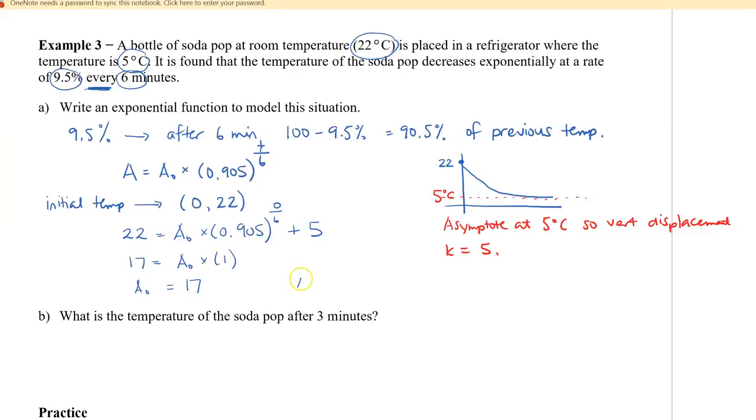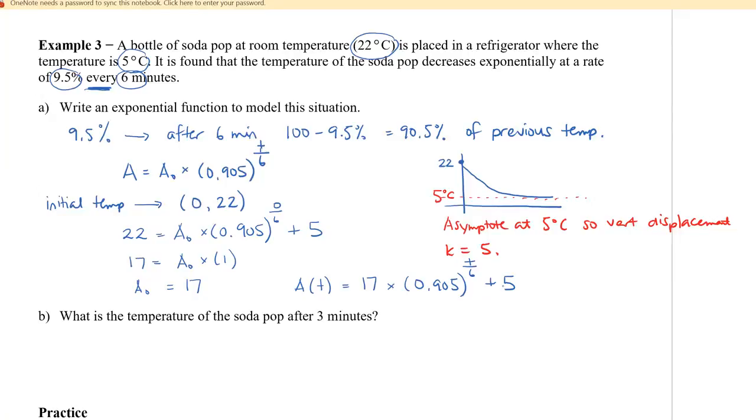So when I write the exponential function to model this, it's going to be 17 times 0.905 to the power of T over 6, plus 5.